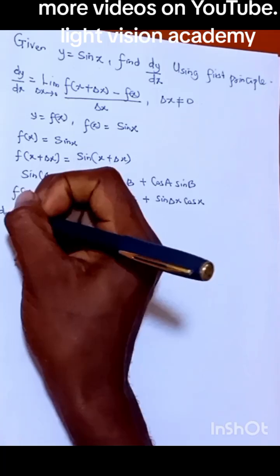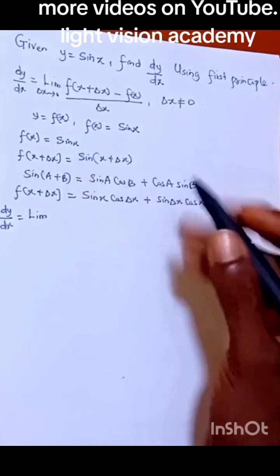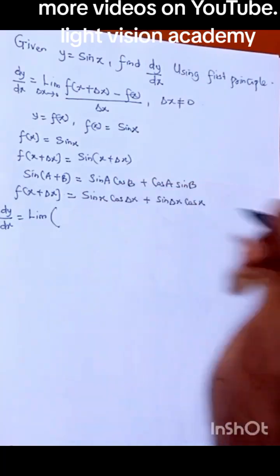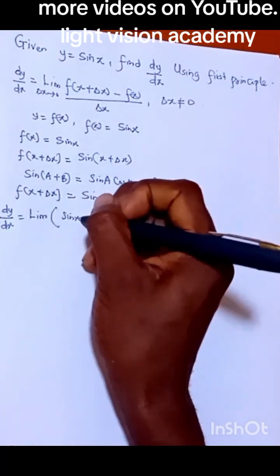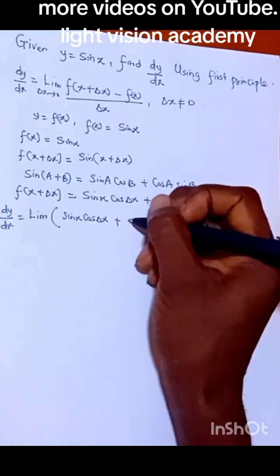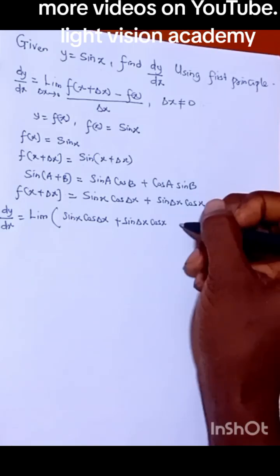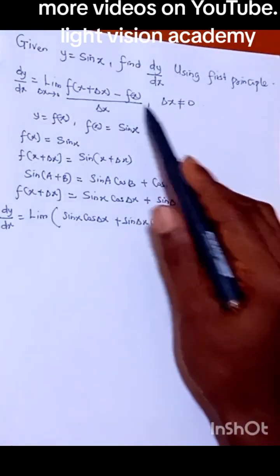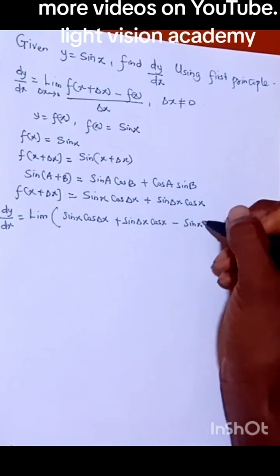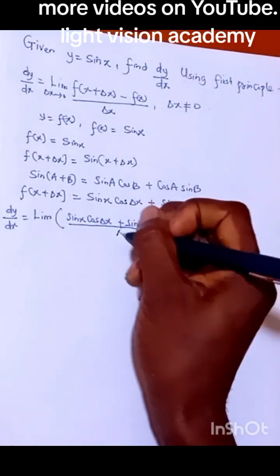Then we have that dy/dx becomes the limit of f(x + Δx), which is given as this: we open a bracket, sin x cos Δx plus sin Δx cos x, minus f(x), which is sin x, bracket close, all upon Δx.